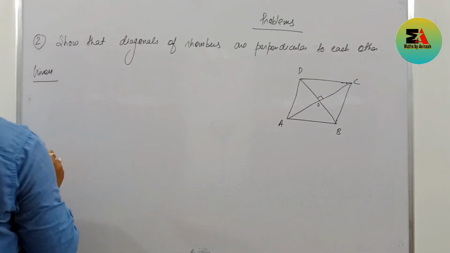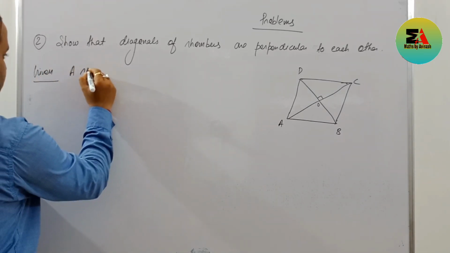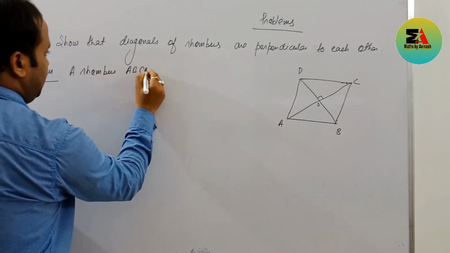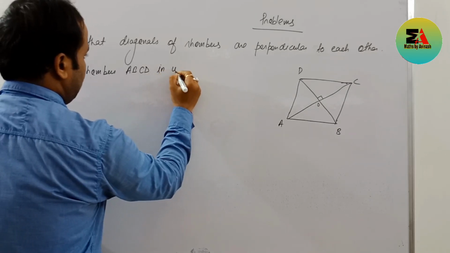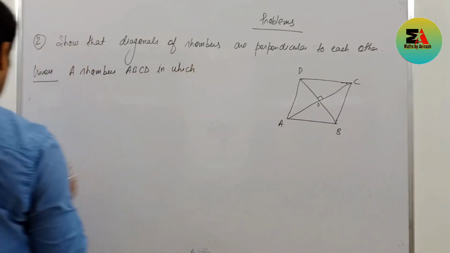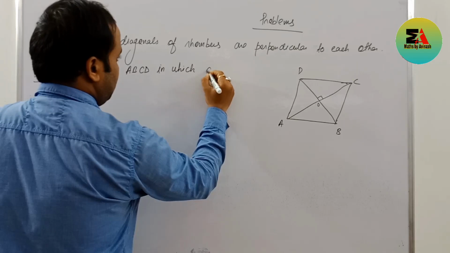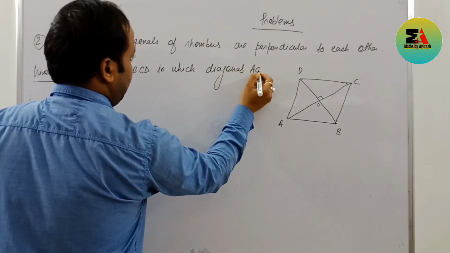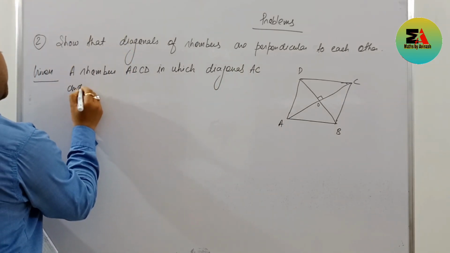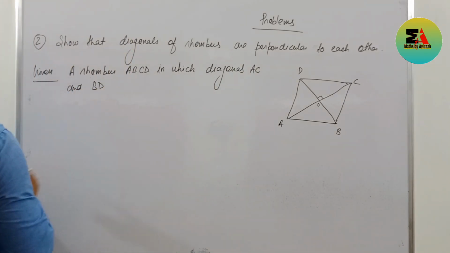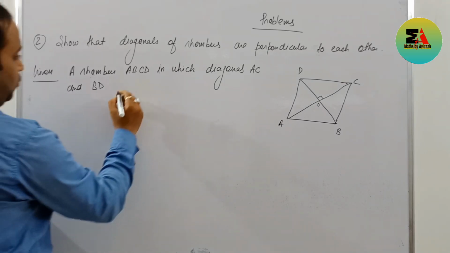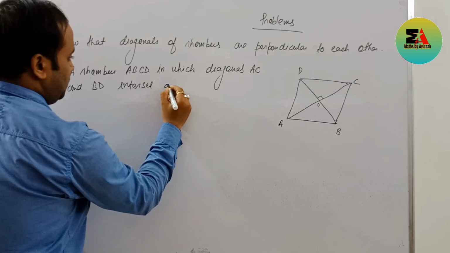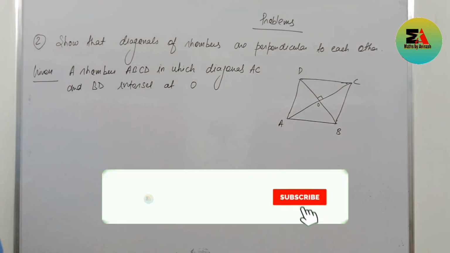What is given? A rhombus ABCD in which diagonals AC and BD intersect at O. Clear?